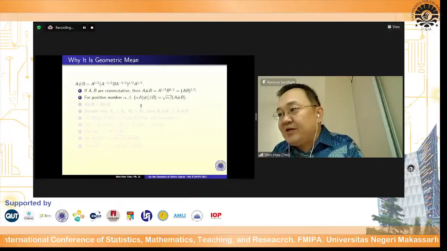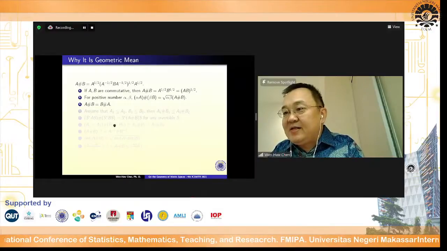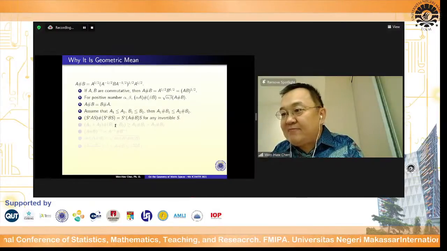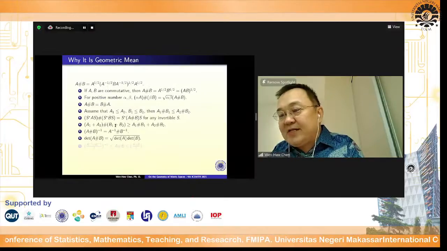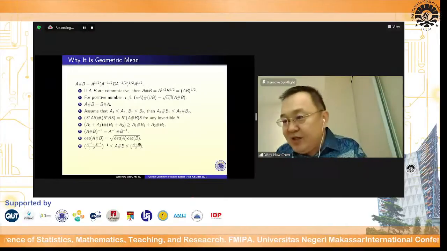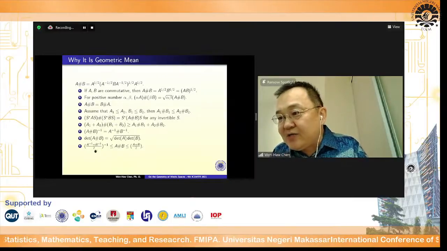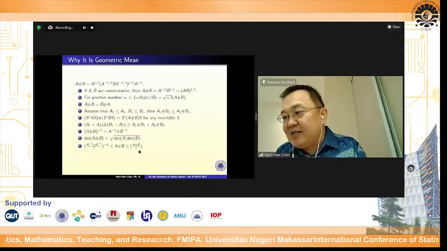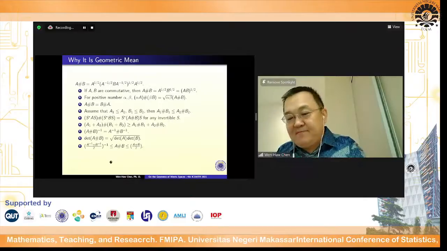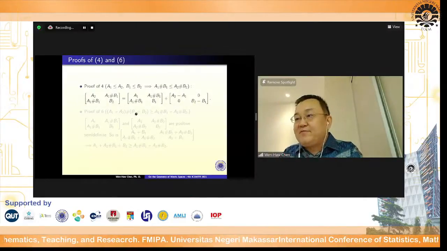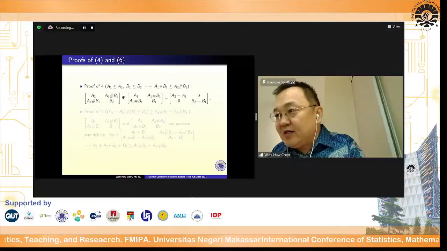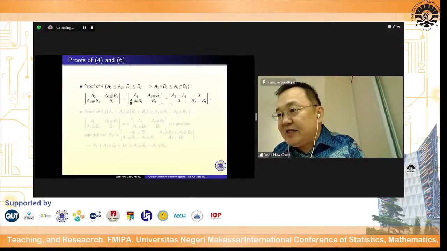For positive numbers, we know this one and this one, so we have some properties. All these properties can be proved, and we know the relation between the arithmetic mean and the geometric mean. For the proof, we just show it here.